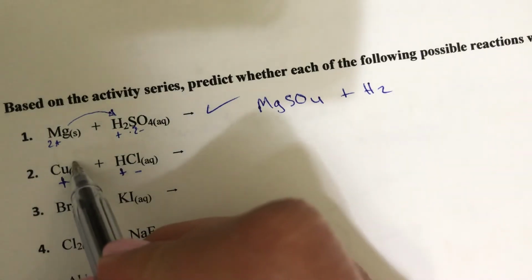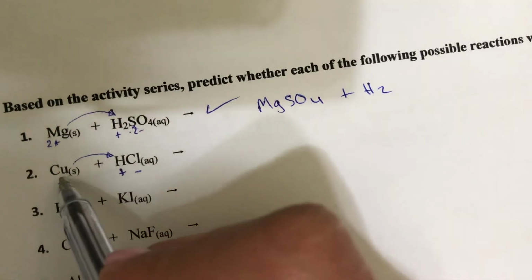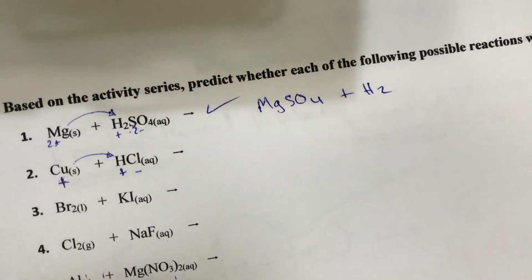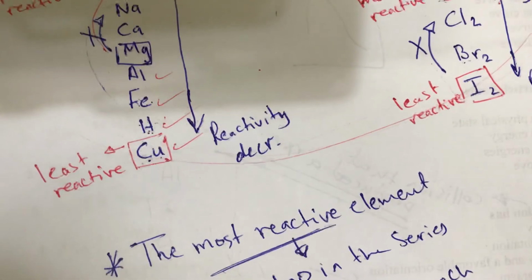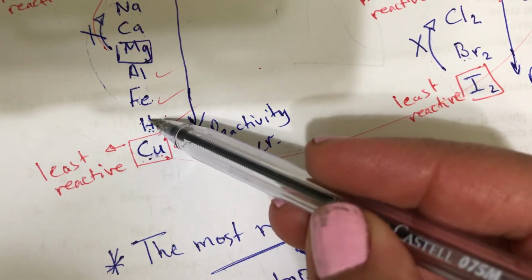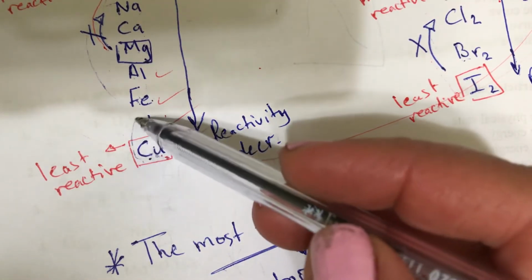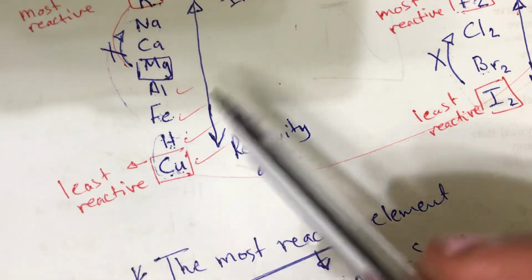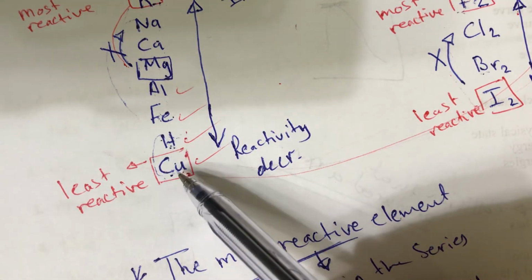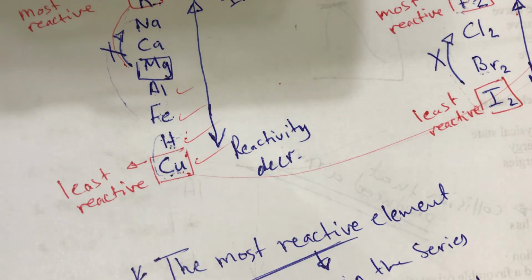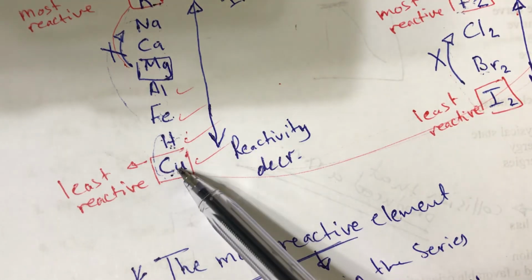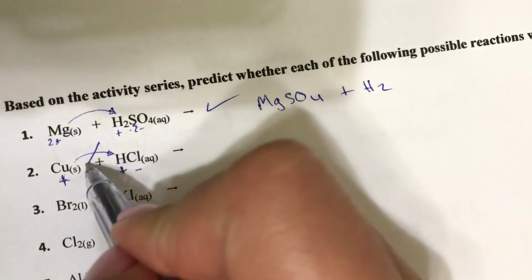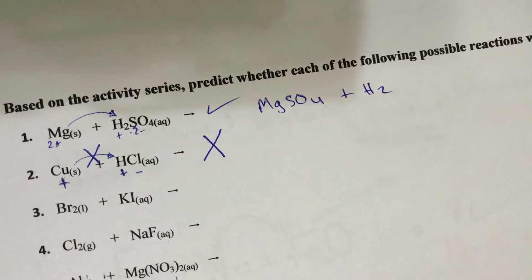So copper replaces similar elements, but is copper more reactive than hydrogen? No. Copper can't replace hydrogen because hydrogen is more reactive than copper, and the rule is the more reactive can replace the less reactive element, not the reverse. So here no reaction occurs.